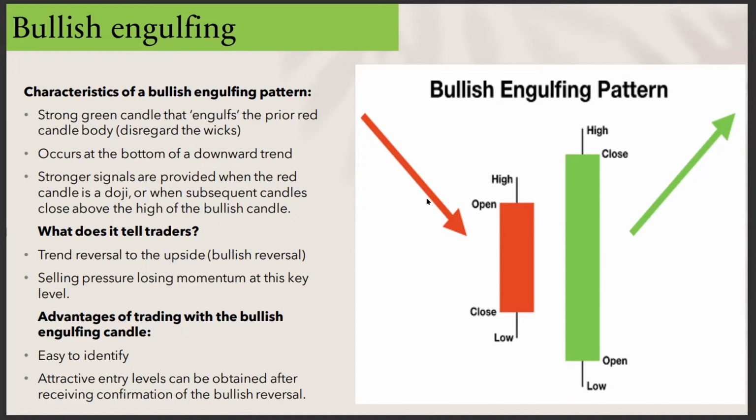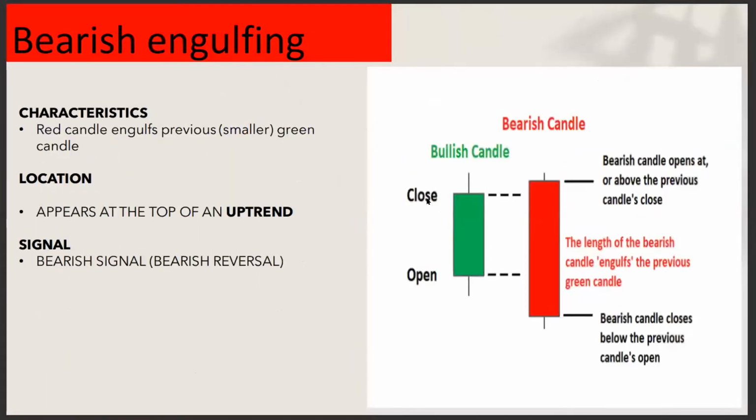This is the bullish one, and the opposite is when you see this pattern, which is known as bearish engulfing. This pattern will be at the uptrend, at the top. Whenever you see this pattern along with an area of confluence, I'm not saying you should trade on the patterns alone.